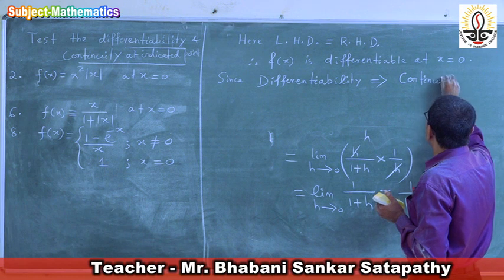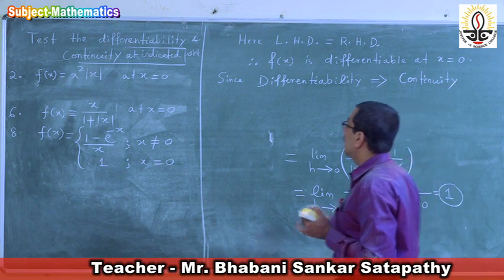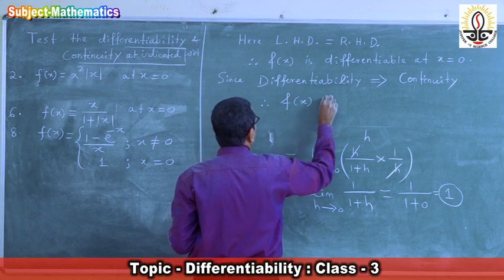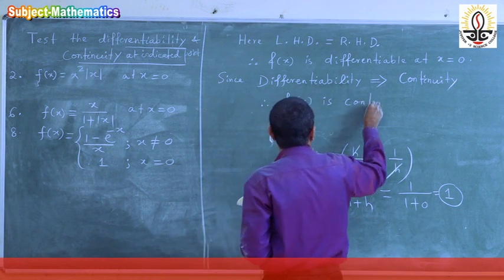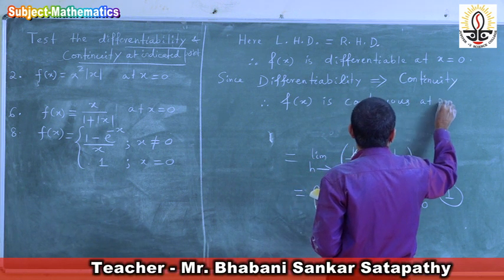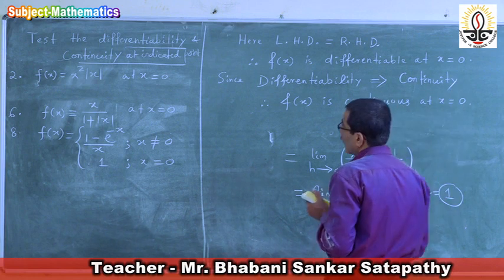Differentiability implies continuity. Therefore f of x is continuous at x is equal to 0.